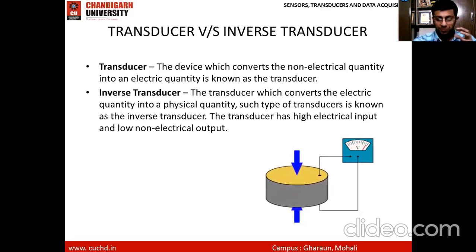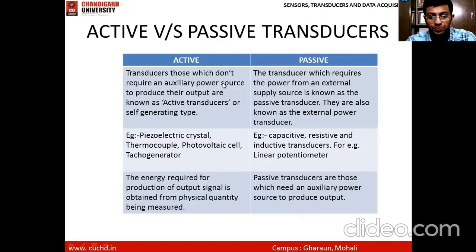But if you carry out the reverse process, that is, if you apply a voltage to the two ends, it will bring about a change in the orientation of the crystal. It will carry out a mechanical displacement, a change in its dimensions. So it can work as a transducer as well as an inverse transducer.